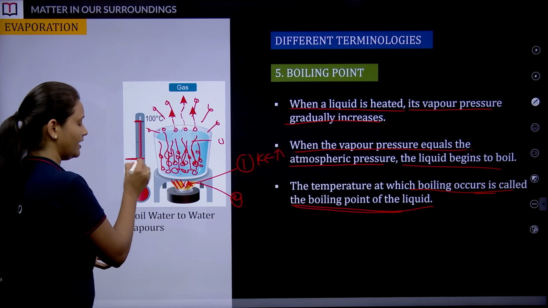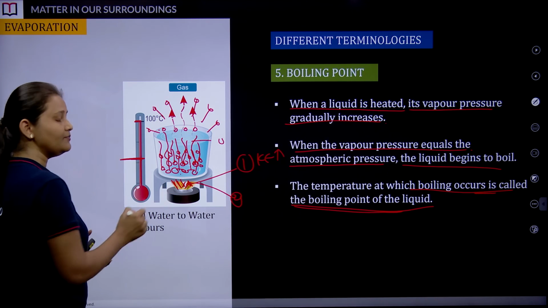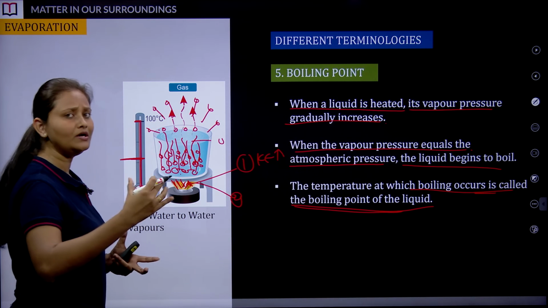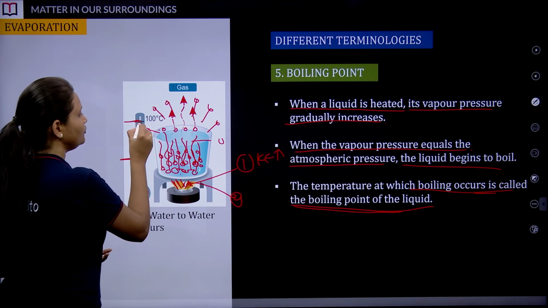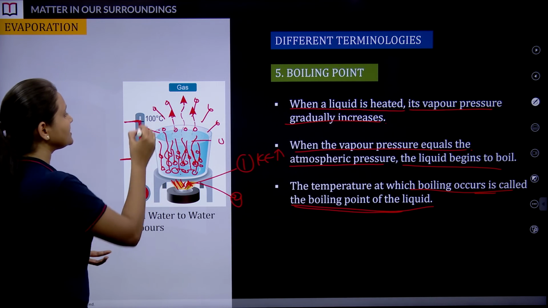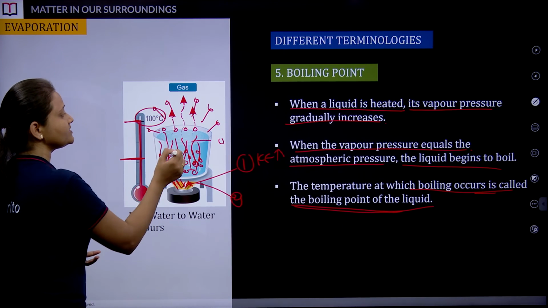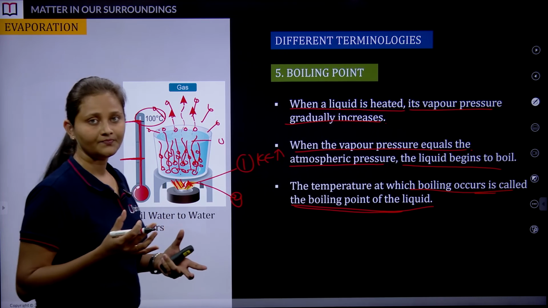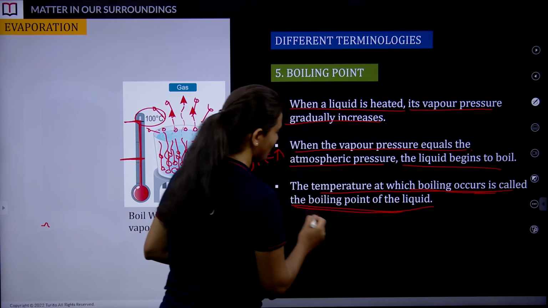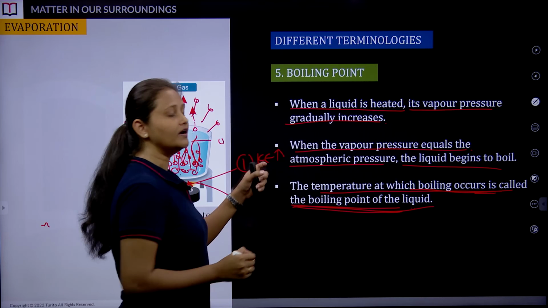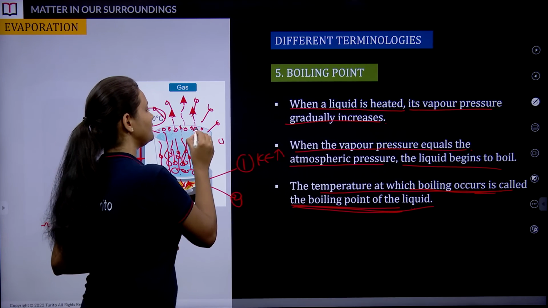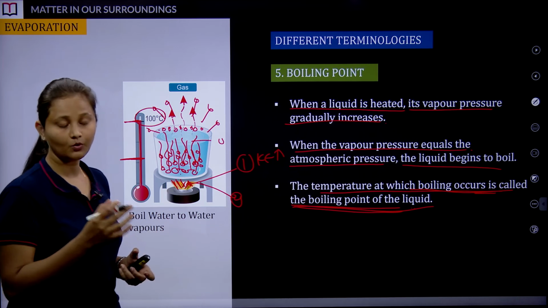Our thermometer is not going to read that temperature. As soon as each and every molecule is charged up and it has boiled completely, it is going to show you a change in its temperature reading. So we can say that at 100 degrees Celsius, water is getting boiled. Why? Because the temperature at which boiling occurs is called the boiling point. The pressure applied by this vapor is vapor pressure.